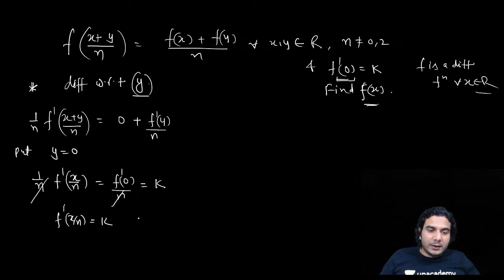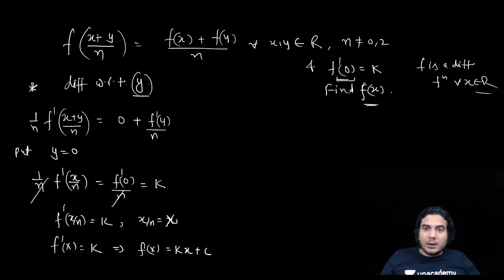You have got this, right? So you can replace x upon n by new x, or capital X you can say. So you can write f dash of capital X is equal to k. Now you can integrate it. So you'll get f x is equal to kx plus c, a simple differential equation. To find c, you can put x equal to y equal to 0 in the equation.